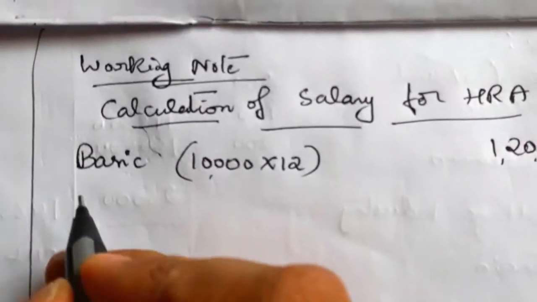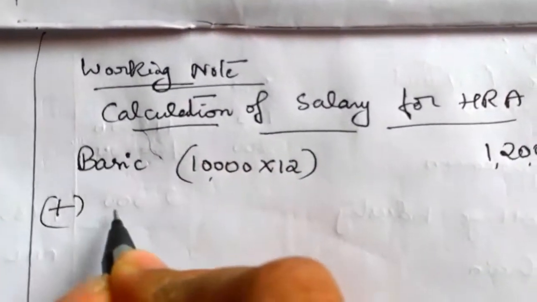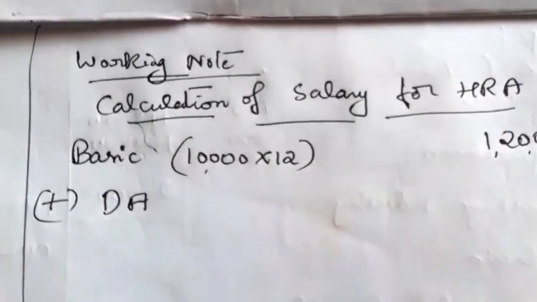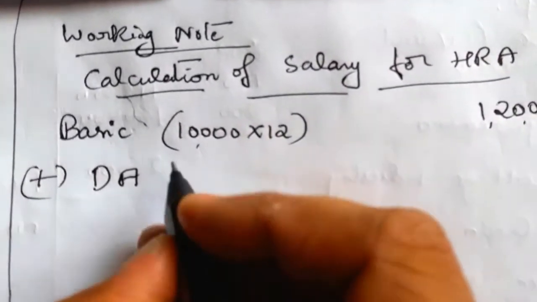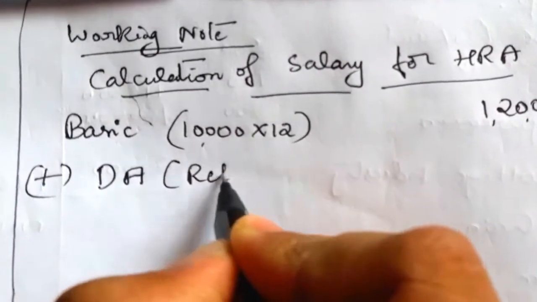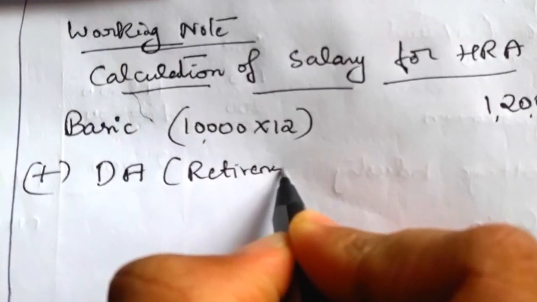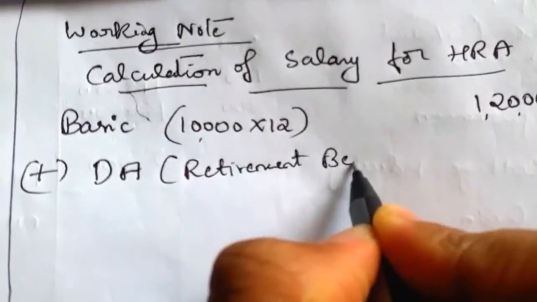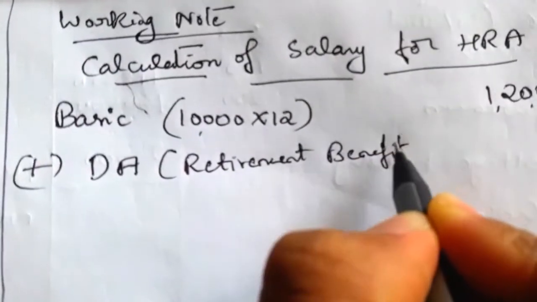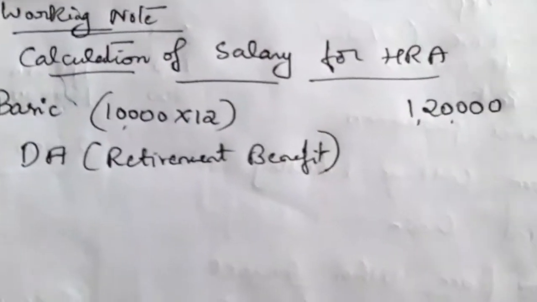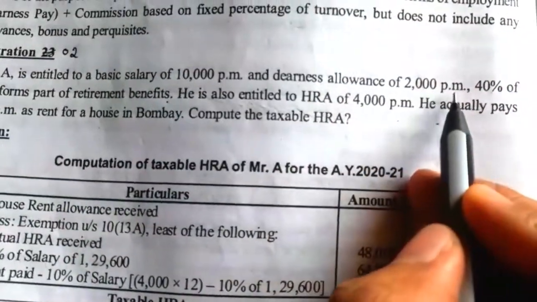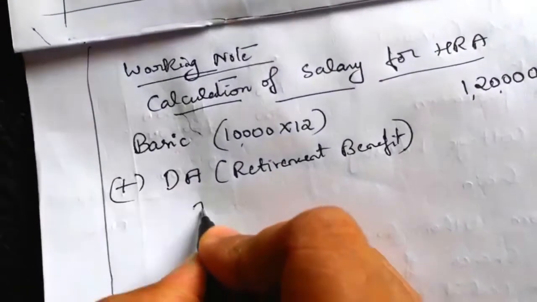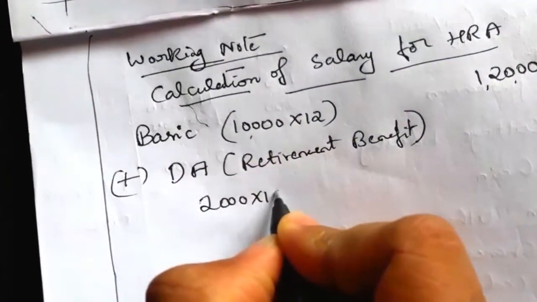So along with the basic, he received dearness allowance, DA. Here we have to add DA which is considered for retirement benefit; only the part of retirement benefit we have to add here. What is the DA given in the question? Dearness allowance rupees 2,000 per month, so 2,000 into 12.